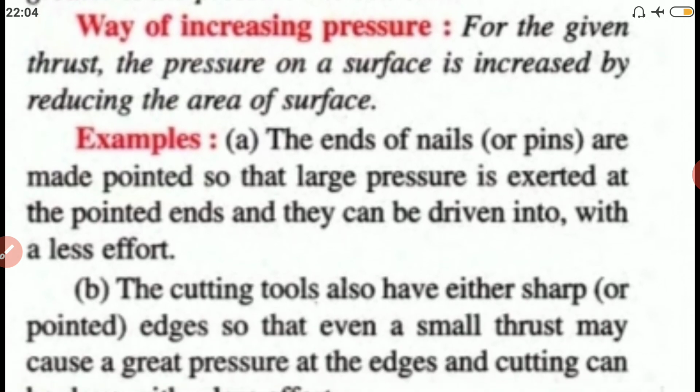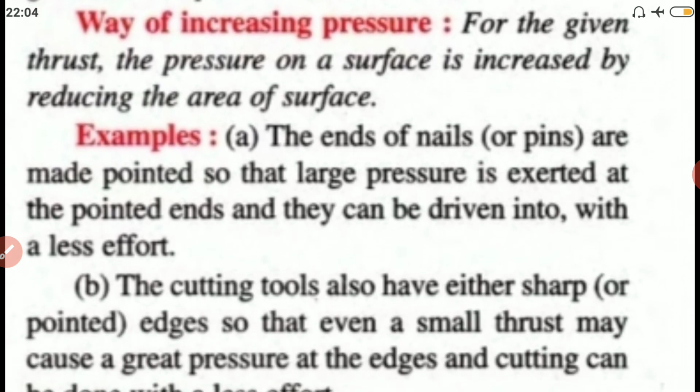Now, ways of increasing pressure for a given thrust. Remember, if the thrust is constant, the pressure on a surface is increased by reducing the area of the surface. For example, A, the ends of nails and pins are made pointed so that a larger pressure is exerted at the pointed ends and they can be driven into a wall or object with less effort.